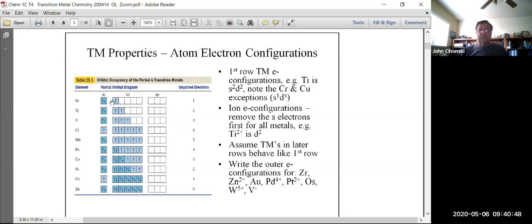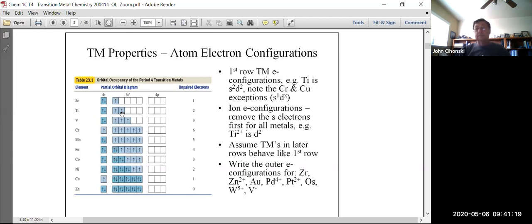Okay, so we started with scandium. If we go to titanium, well, that's 1 over, so that would be 1 extra electron. So we put in a second electron. And what did we find happens whenever we have partially filled shells, like the p orbitals? The first thing that happens is the electrons go in singly before they try to pair up.